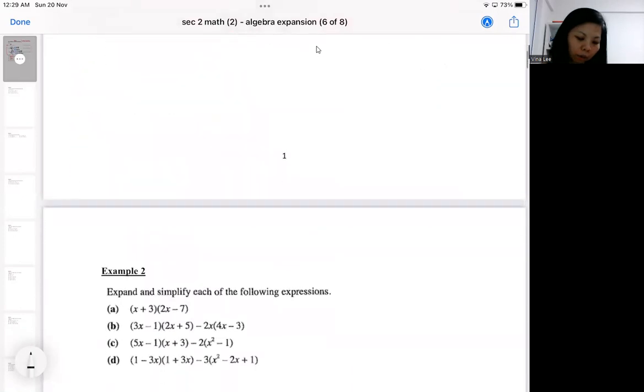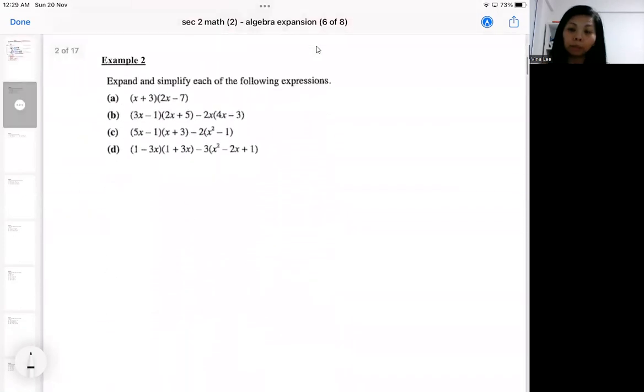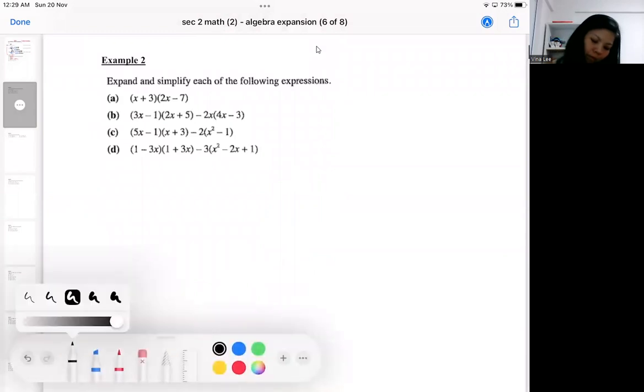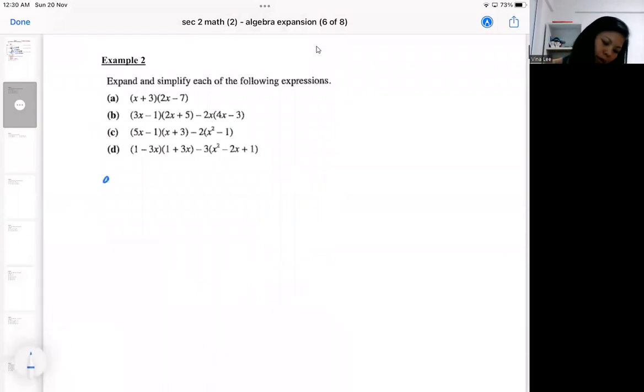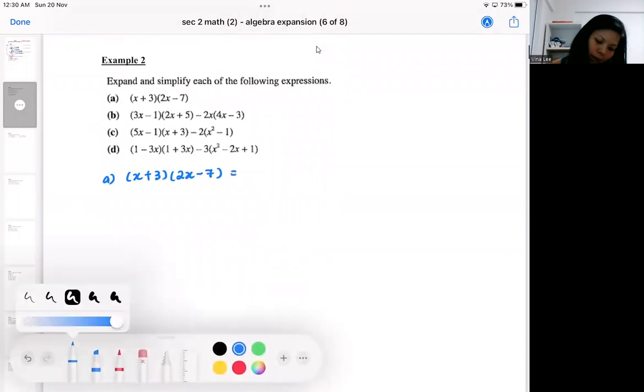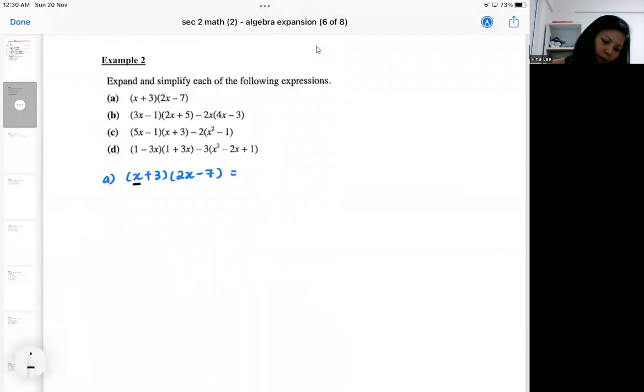I'm going to show you example 2. You take the first guy and multiply to the bracket. If you multiply mentally, you will have gotten this.